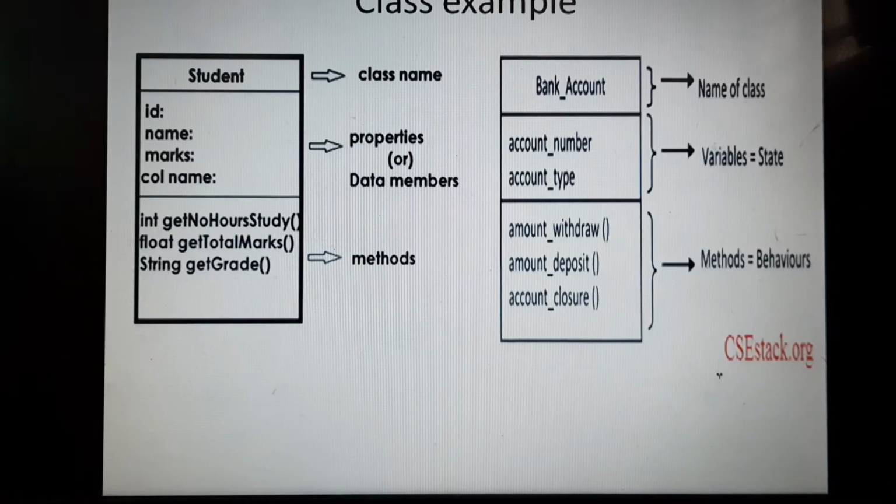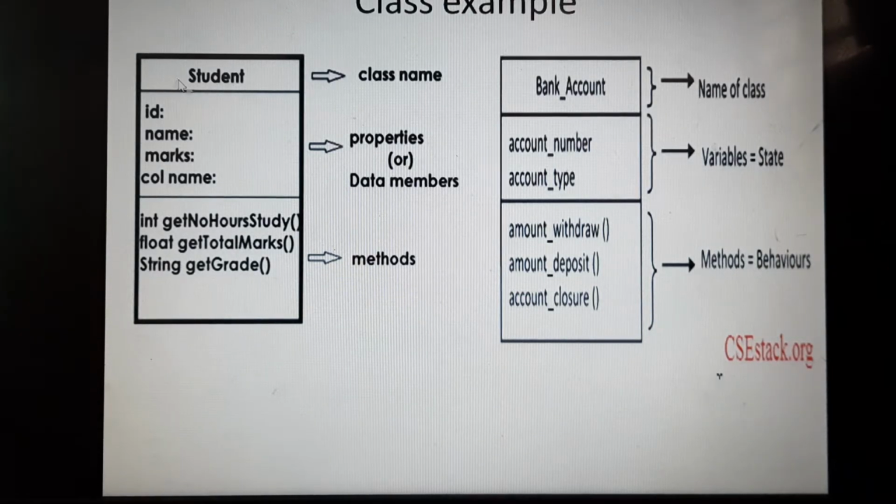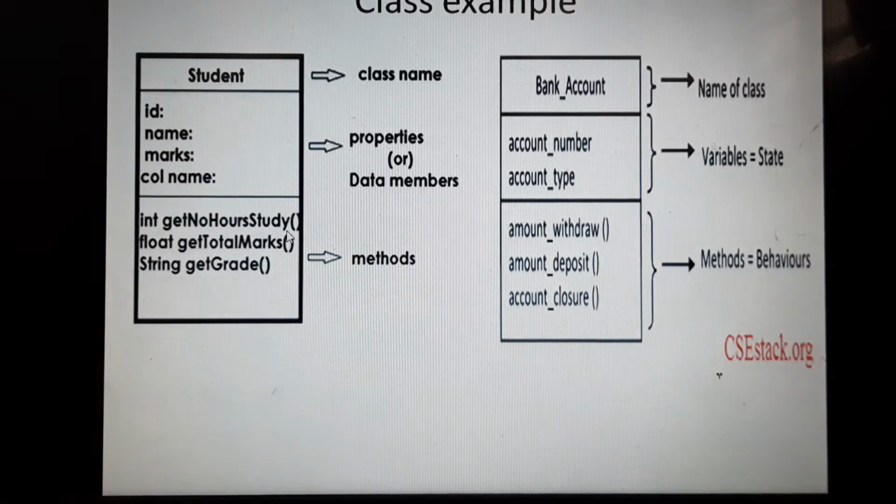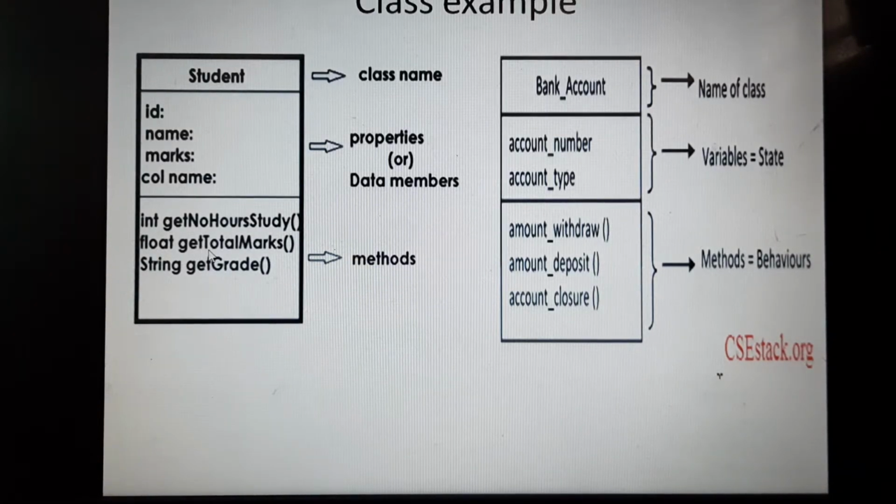Now next, in syntax form, we can create class and object. Here we again give two examples. One, the class name is student and its properties are student id, student name, student marks, and similarly it has some methods: the number of hours it studies, the total marks he gets, or what grade he gets.